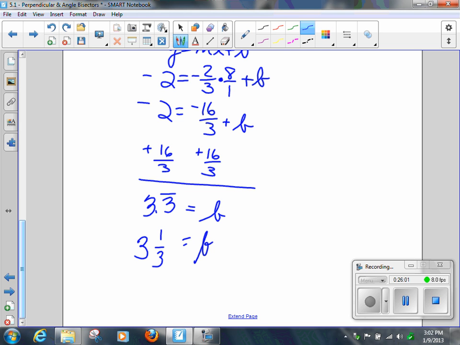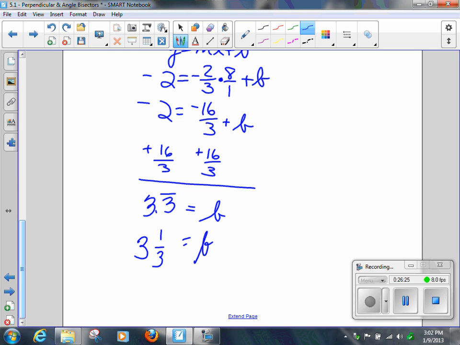We're not hitting execute. We're hitting 3, ABC, 1, ABC, 3, and now hit enter. You get 3 1/3. That's letting you enter it in as a mixed number.